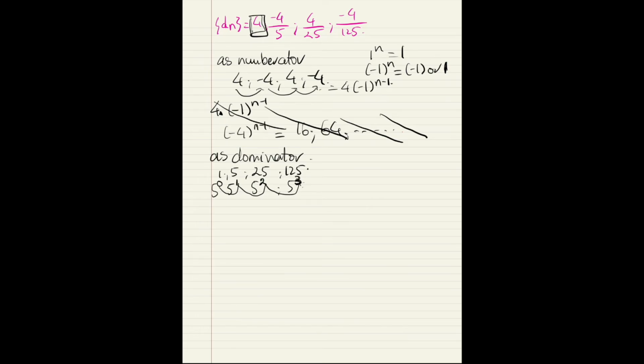Okay, it just equals 5 to the n, but however, like I said before, when we start with the positive numbers, then it's just 5 to the n minus 1.